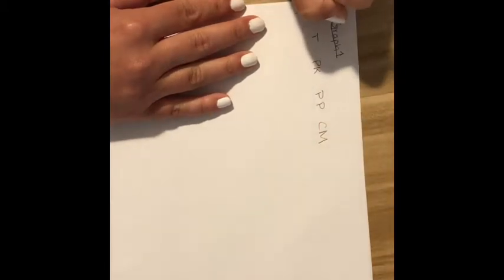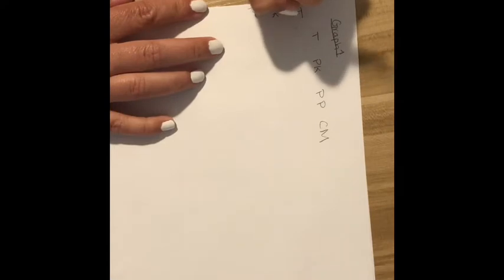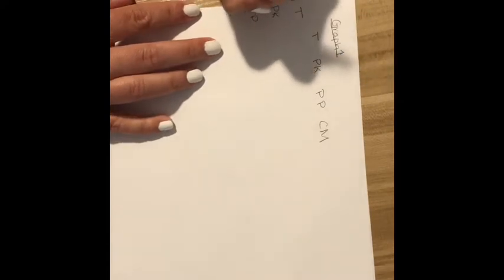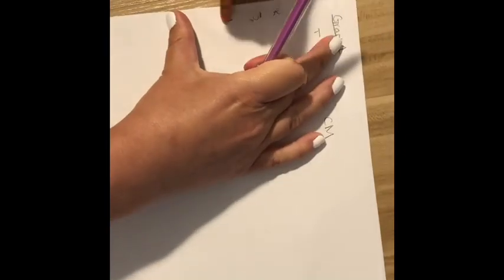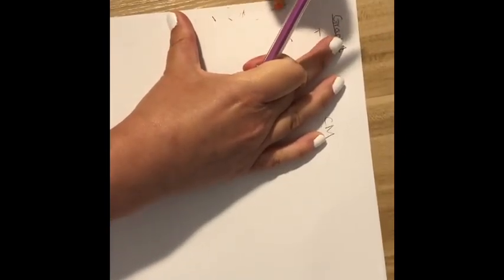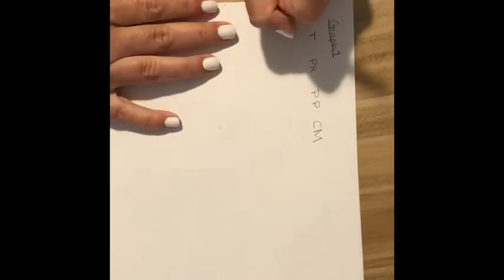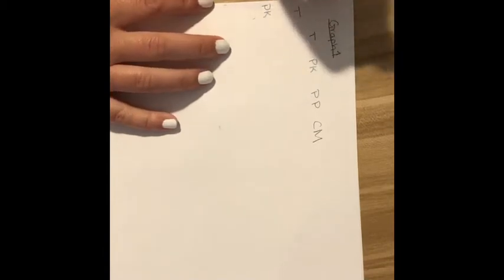And then over here, Trolls, Pokemon, Paw Patrol, and Captain Marvel. And remember that this is going to turn into a perfect square. I'm actually going to erase it so it looks more like a square. It's going to turn into a square because this is, again, the cross product of M and M. They have the same number of elements, so it's going to be a square number of components of ordered pairs.